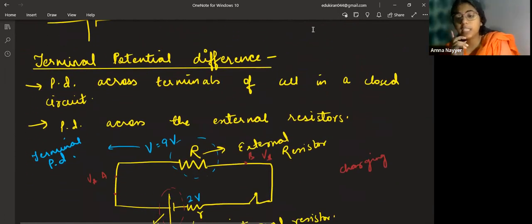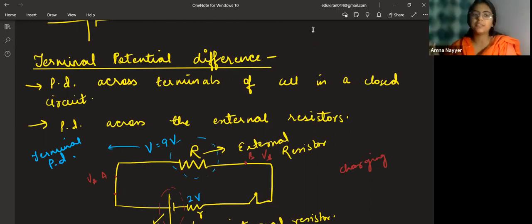You can remember it this way: the potential difference that is offered by the electrolytic cell is known as EMF. And whatever potential difference is provided across the external resistor, that is called the terminal potential difference. So the external resistor is related to terminal potential difference, and the internal resistor is related to EMF.